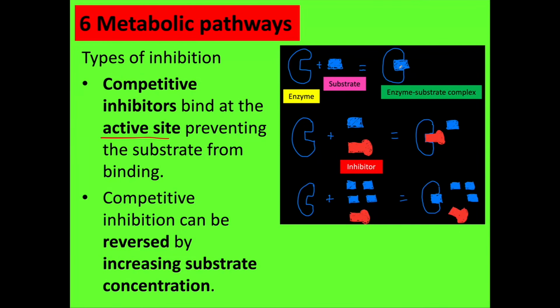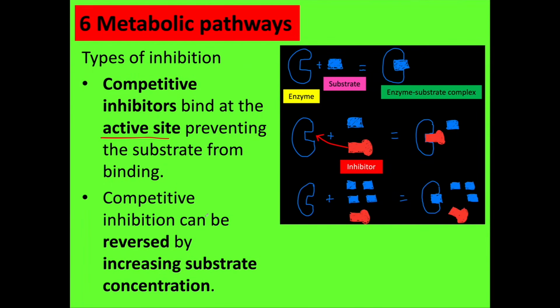Okay, all good. But when this red inhibitor here is present, there is now a 50-50 chance that that inhibitor will reach the active site before the substrate does. In which case, if it does, it will block the active site and prevent the substrate from binding, which means there's going to be no reaction on that enzyme.